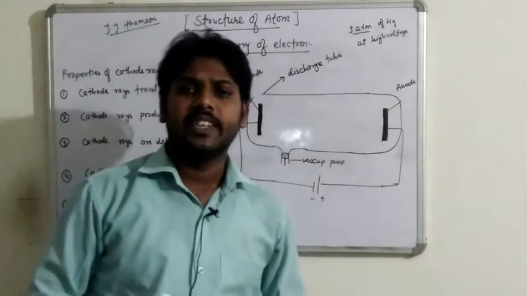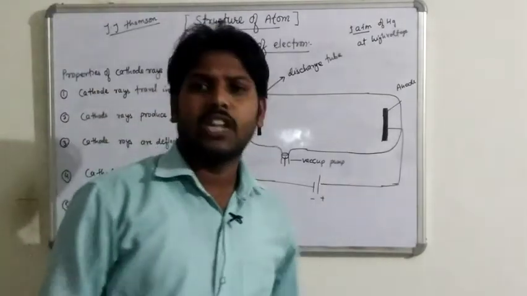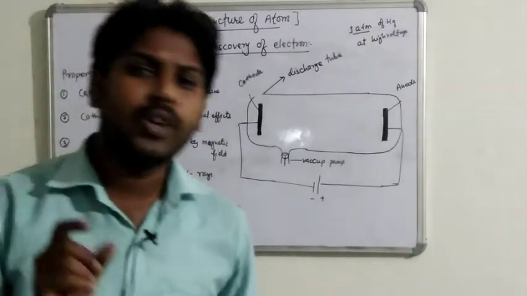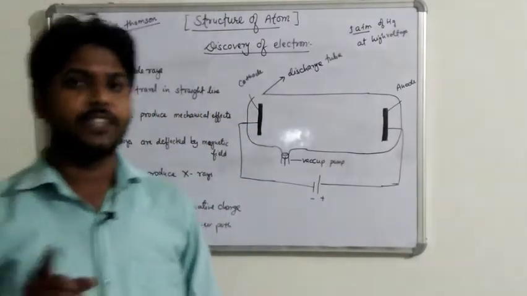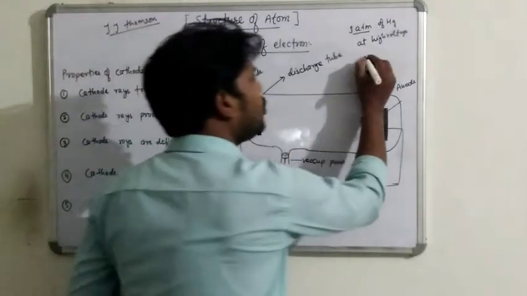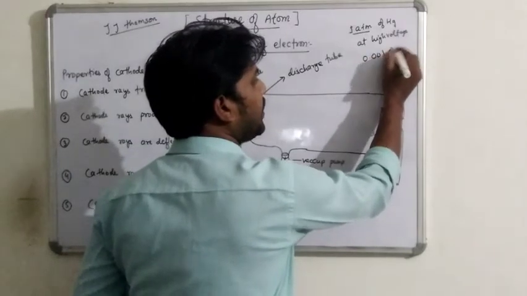It means that the gas present in the discharge tube at normal pressure, the air, is a poor conductor of electricity. Okay, now he reduced the pressure up to 0.001 of mercury.